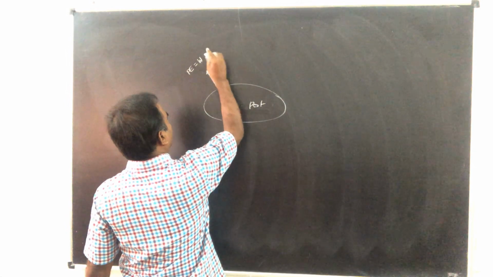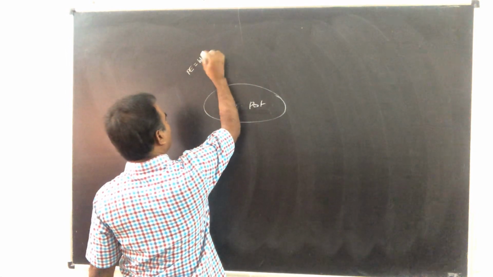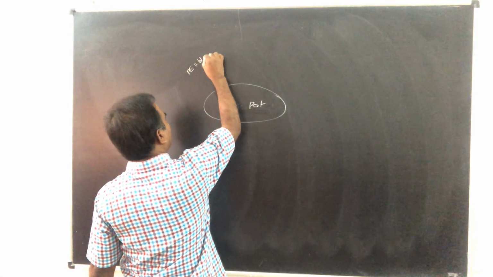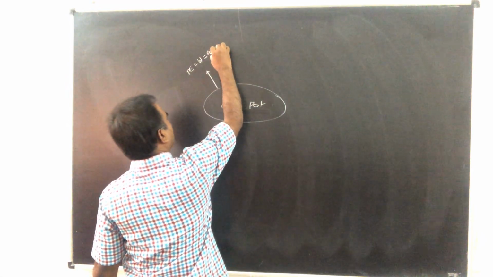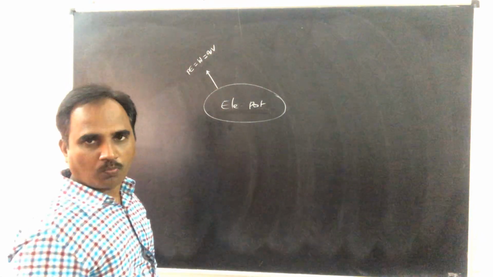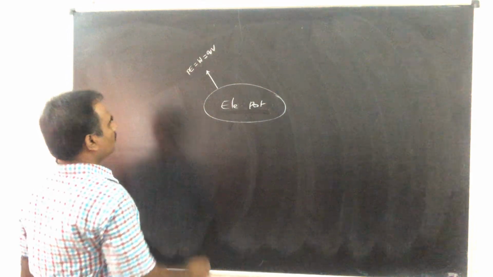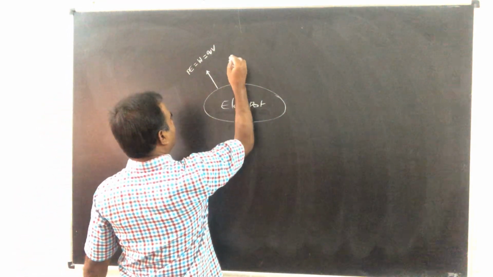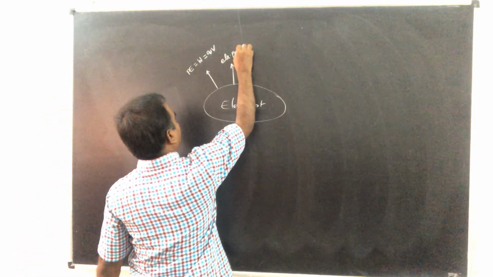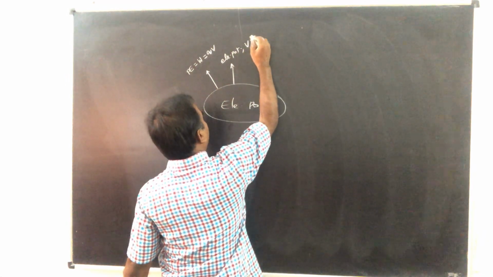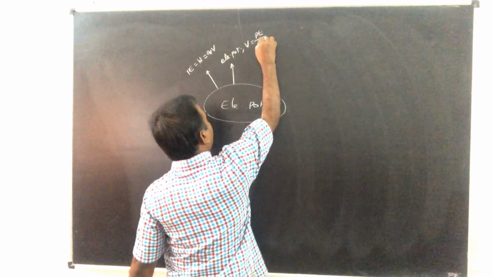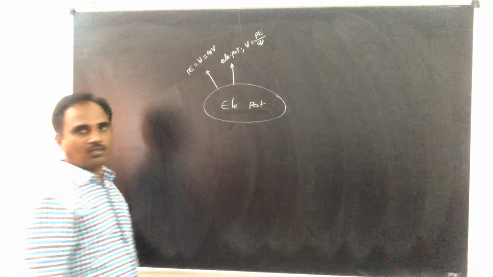So this potential energy is equal to work done, and this work done is nothing but charge into electric potential. See, we define the electric potential like this: electric potential V is equal to potential energy per unit charge, that's why you got this equation.